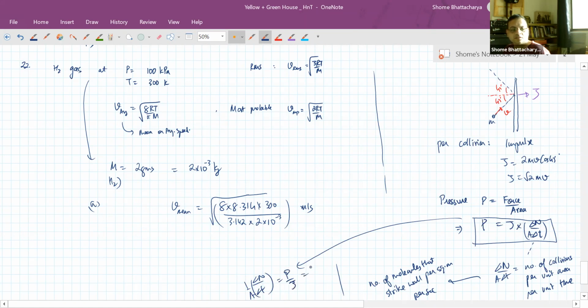So the pressure is known to us, it's atmospheric pressure. Impulse per collision is root 2 mv. Now in this, m will be molecular mass. So it is molar mass divided by Avogadro's number. So it will be 2 into 10 raised power minus 3 kg upon 6 into 10 raised power 23. And v will be this mean speed that you are calculating.